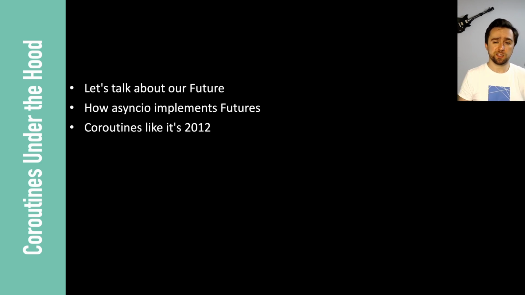Equipped with this understanding, we'll briefly go back in time to Python 3.4 to see how AsyncIO initially was implemented and how coroutines looked at the time, before async and await were added to the language. Then we can see how it all connects together in the Task class.